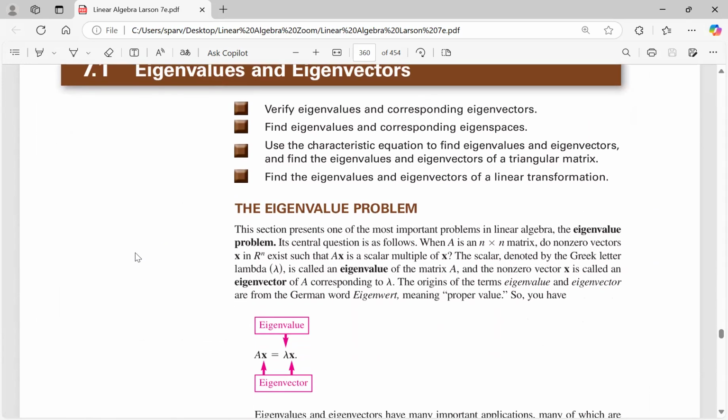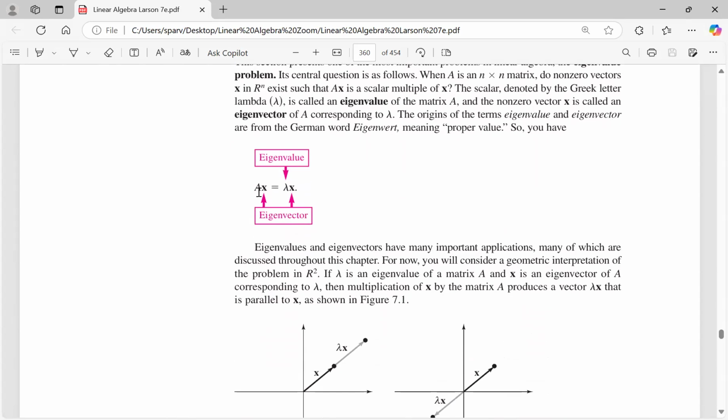There you have it. Now, the eigenvalue problem is actually pretty simple. Suppose we have a system, AX. Remember, A is the matrix of coefficients, so this matrix A is a square matrix of order n.